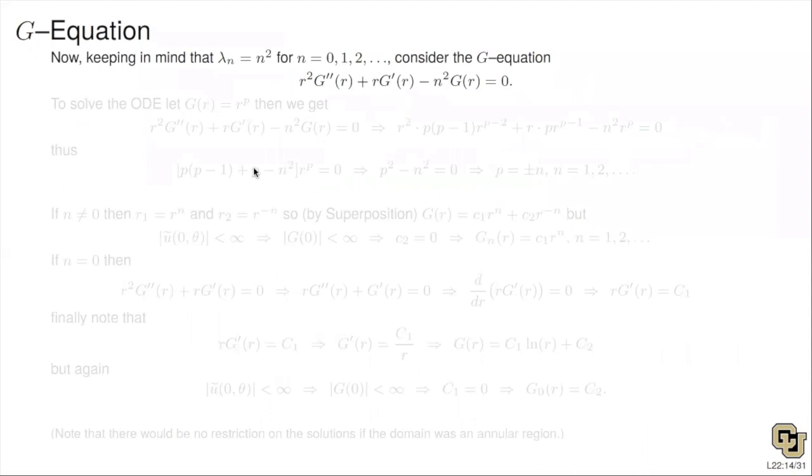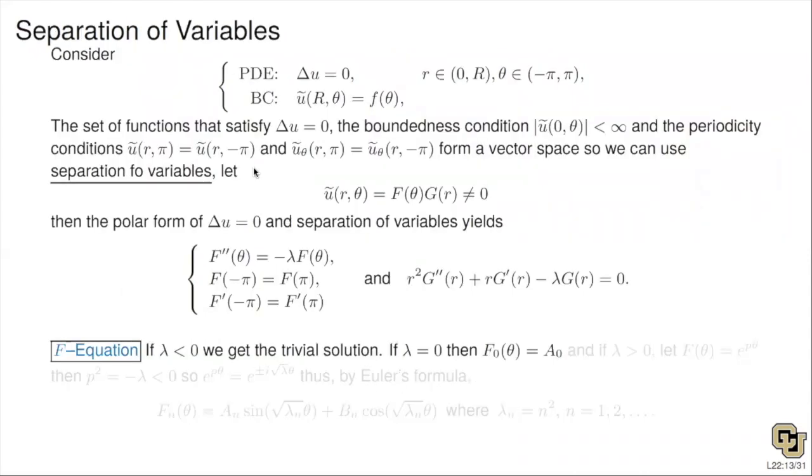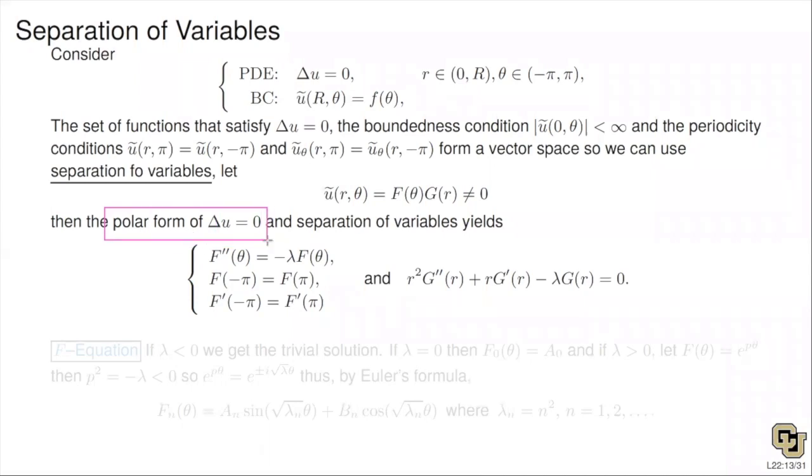Okay, so I do it right here on the next slide. So hold on. If you're wondering where these equations came from, I do it on the next slide. I'll show you in a second, using the polar form of Laplace U and using the separation of variables assumption, we get an F equation and we get this G equation.